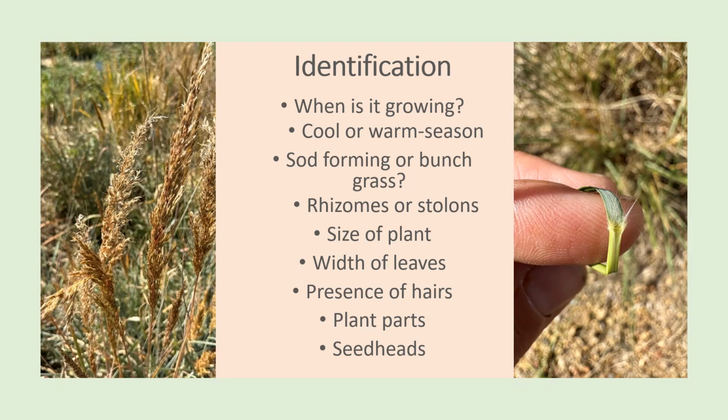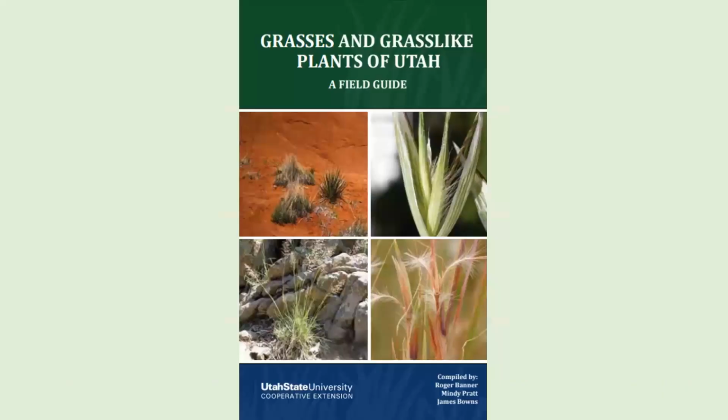Of the plant parts we talked about, you can look for awns or awnlets. If you don't have a seed head, you can look at the ligule and auricles, and that can help you to identify. So this is one of the publications I really like to use for grasses.